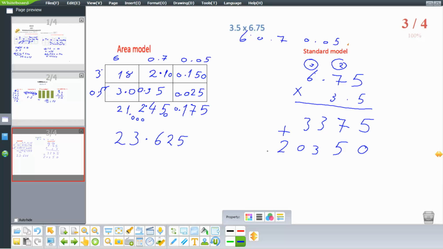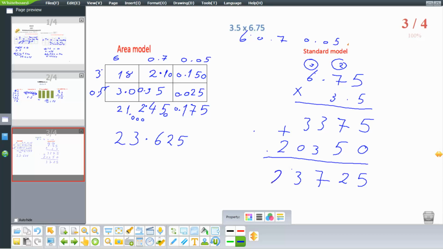And let's add 5 plus 0, yes, 5. 7 plus 5, 12. 2 and carry up 1. 1 plus 3, 4. 4 plus 3, 7. Okay. 3 plus 0 equal 3.